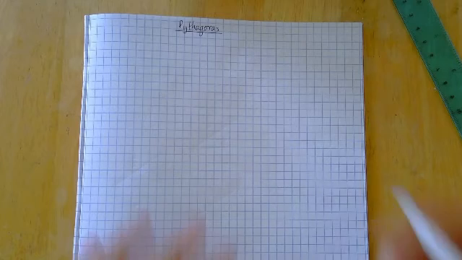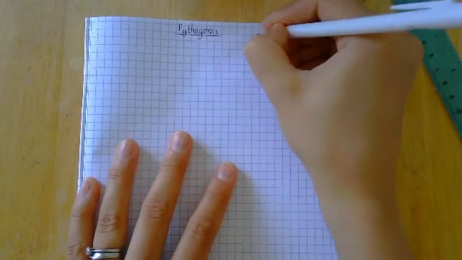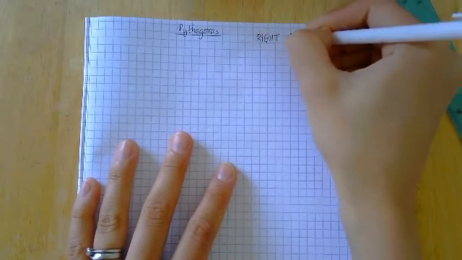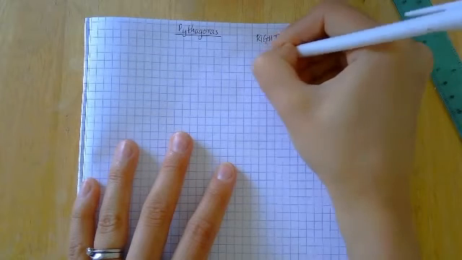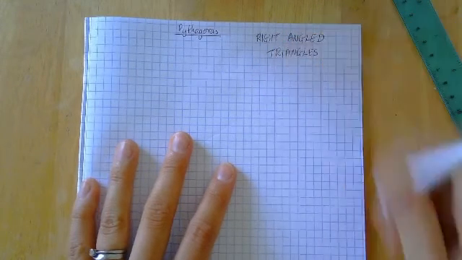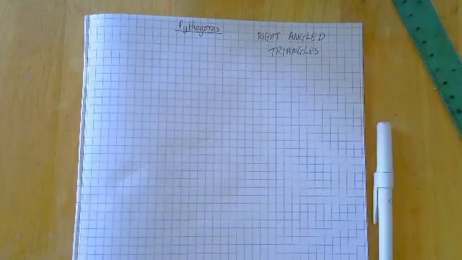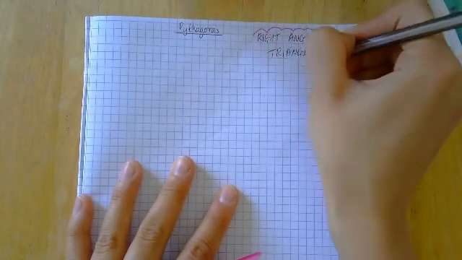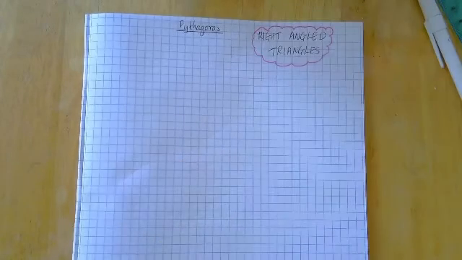So everything that we do this week is going to be to do with right-angled triangles. I think that needs to be really clear in your notes. None of what we're about to do today works if you don't have a right angle. So remember, a right angle, 90 degrees, like a corner.